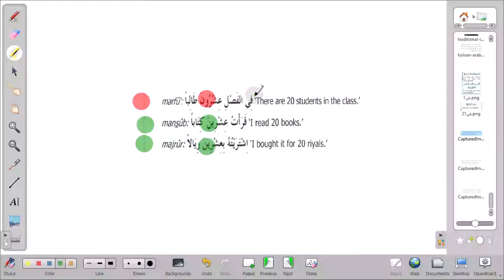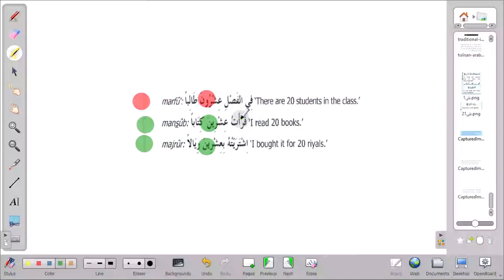So an example, as you can see, fil fasli, in the classroom, ishruna taliban. So ishruna taliban is the mubtada here, and في الفصل is khabarul muqaddam. So it is initially 20 طالبا في الفصل, and it is marfu.